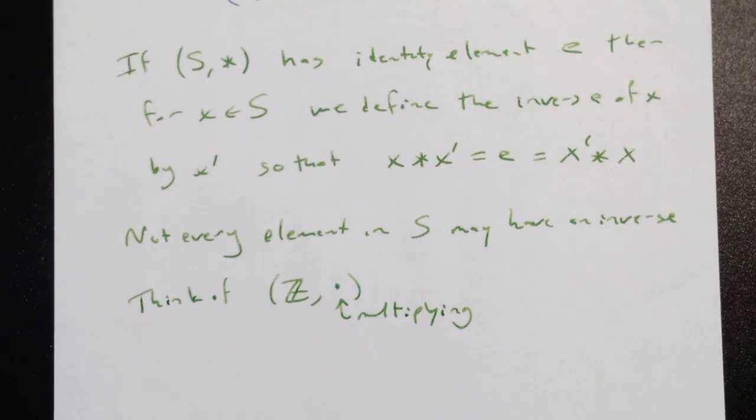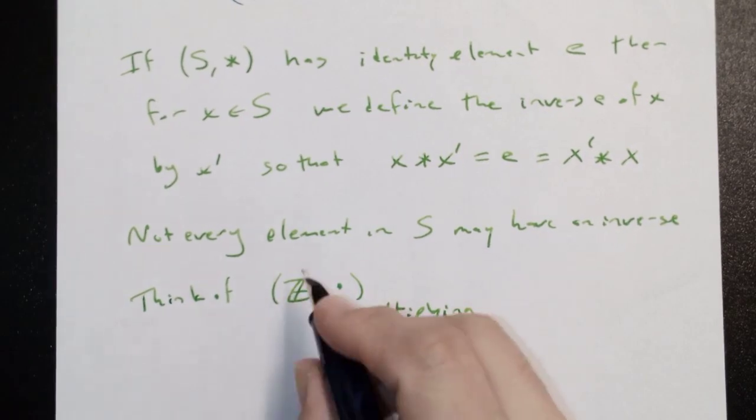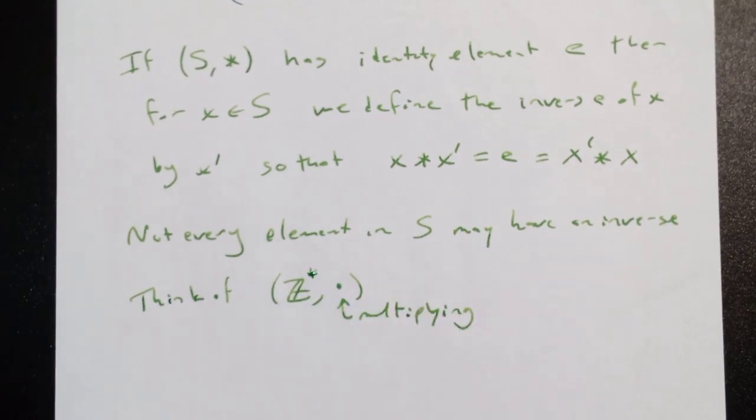Oh, I don't want to use 0. Pick a non-zero number that isn't 1. What do you do to multiply that and get 1 out? 1/7. But 1/7 is not an integer, is it? So no matter what, well, almost none of the numbers will have an inverse.